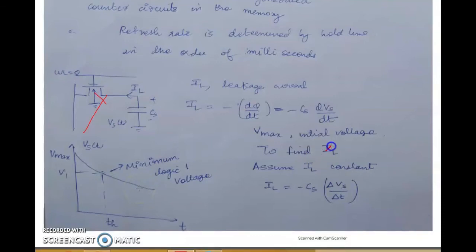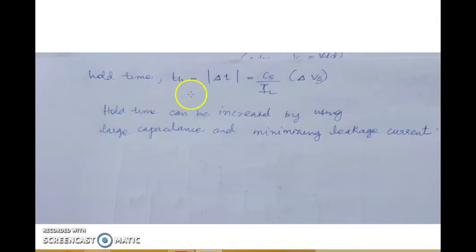Find TH, sorry, this is supposed to be TH. Assume IL is constant, so IL is equal to minus Cs into delta Vs by delta T. Then hold time is given by TH, which is equal to Cs into delta Vs by IL.